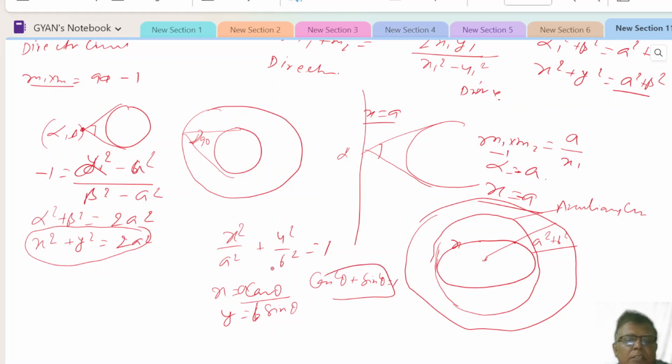It is satisfying, so this will be the parametric equation. So what will be theta? Suppose this point is there; you just take a vertical and this line, and this angle will be theta. From this point you extend up to the auxiliary circle, and whatever angle it is making, that will be the angle theta.